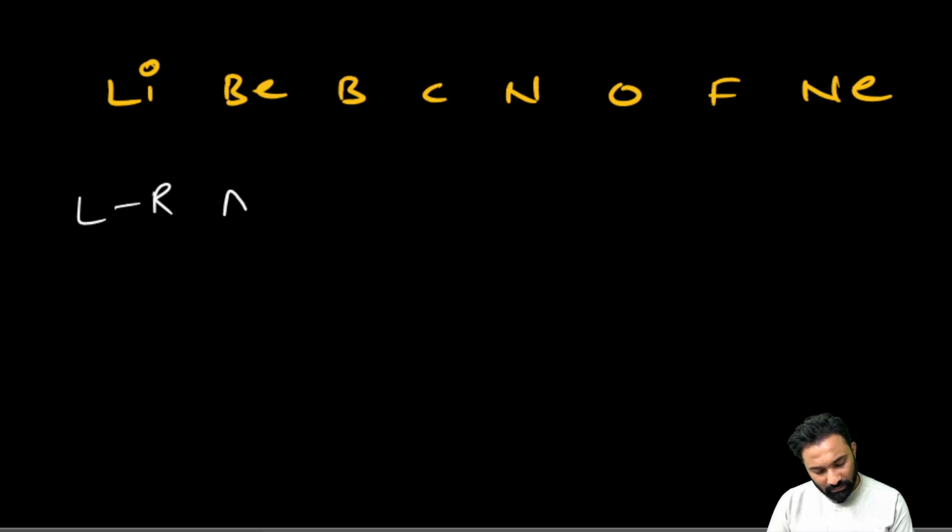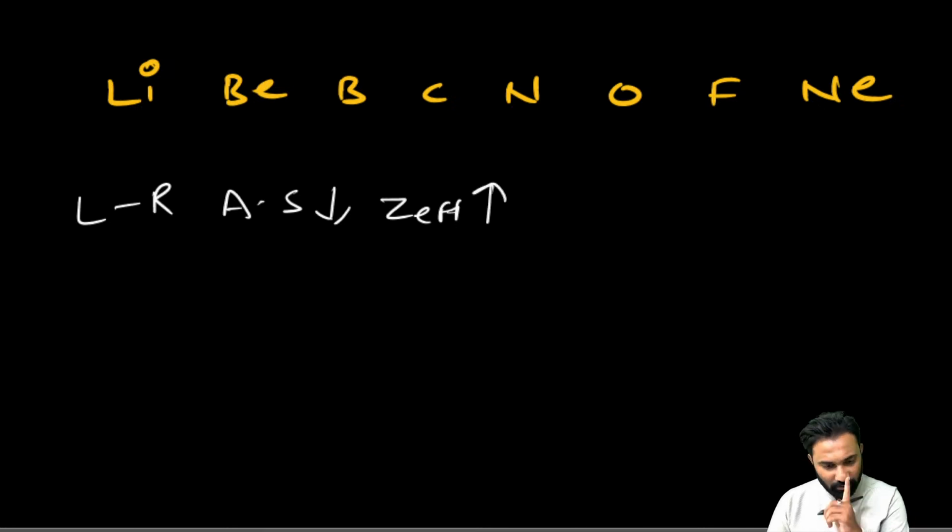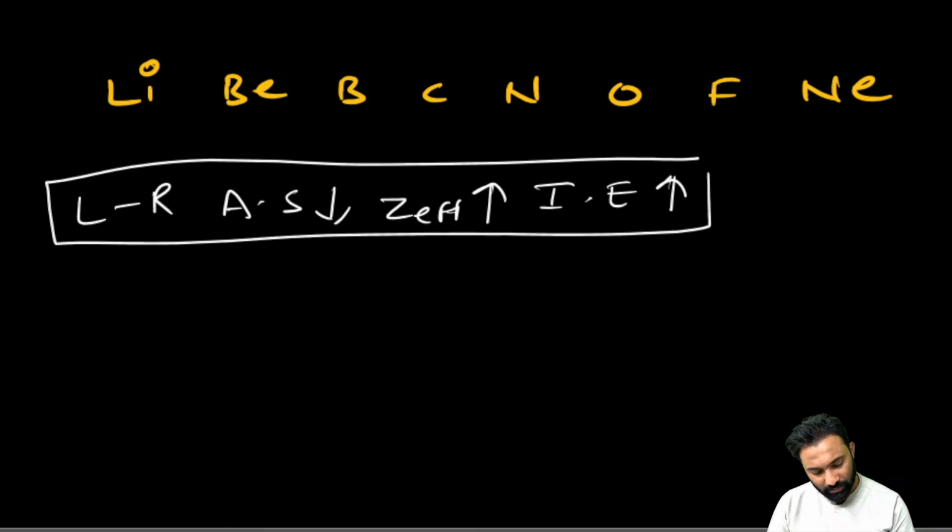Left to right, atomic size decreases, which means Z effective, the nuclear charge, increases. So ionization energy increases, as we have expected.